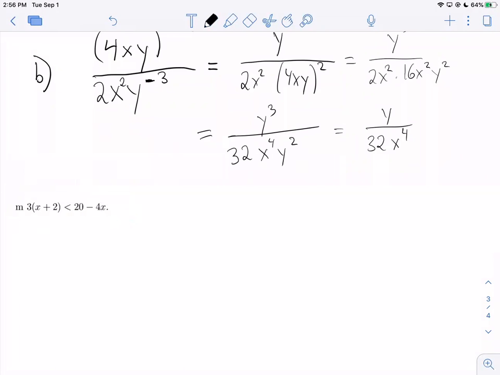With inequalities, you can treat them like algebra. Does anyone remember the one thing about inequalities that you have to be really, really careful with? Like when you flip it, when you divide by a negative? Exactly, very good. When you multiply or divide by a negative, you have to make sure to switch the sign.